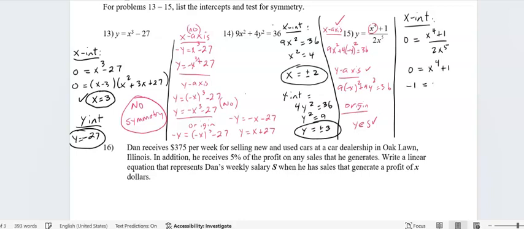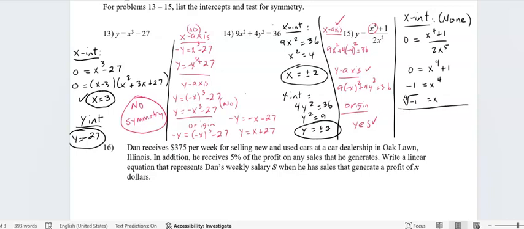We subtract 1 from both sides, and we get negative 1 equals x to the 4th, and now we're going to take the 4th root of both sides, and the 4th root of a negative number is not real. So that tells us we do not have an x-intercept. If we solve and we don't get a real number result, then that can't be an x-intercept.